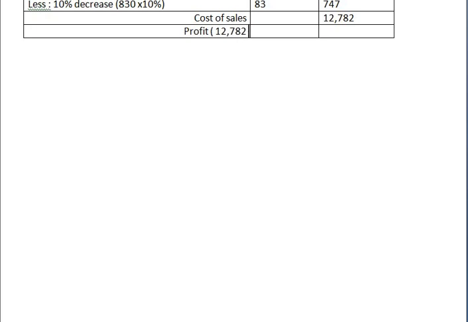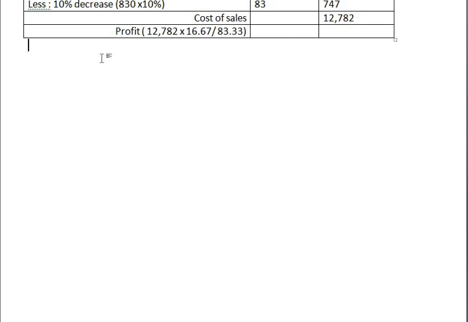Okay. In that case, profit percentage is 16.67%, right? So that time sales will be 83.33. So how will you get 83.33? 100 minus 16.67. Okay.